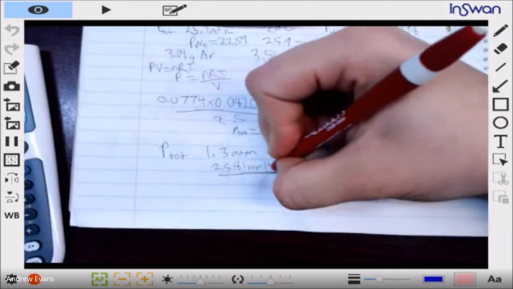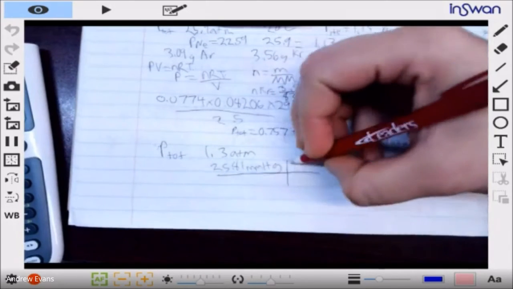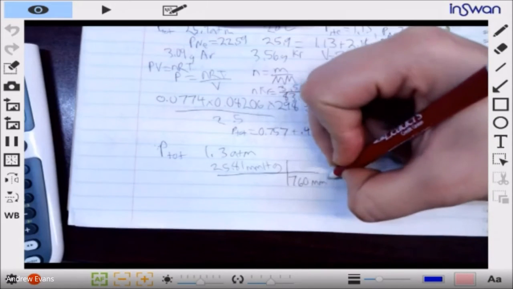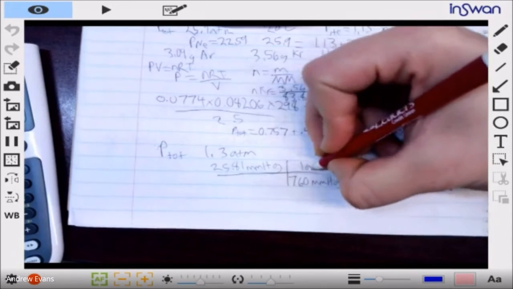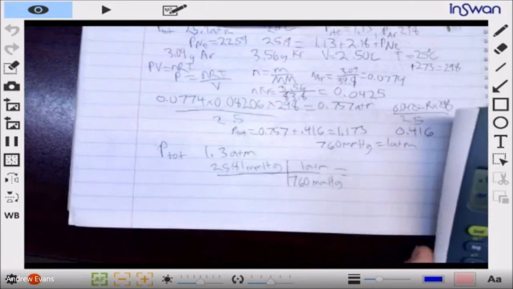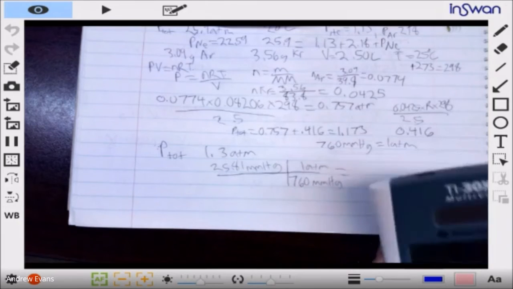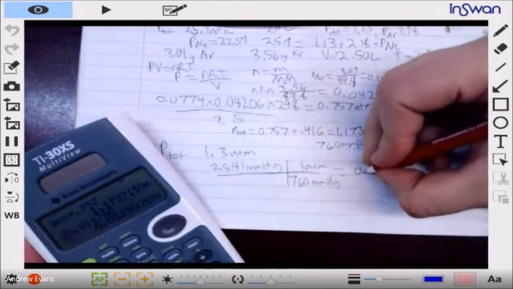So I'm going to convert this into atmospheres. I'd say, okay, that's 760 millimeters of mercury in 1 ATM. So this is going to be a small number. 25.81 divided by 760 is going to be 0.034.